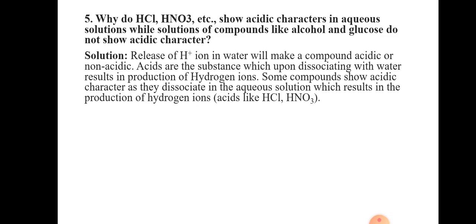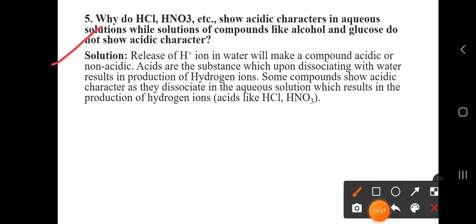Just think about this question. Alcohol and glucose cannot release their H+ ions, whereas HCl and HNO3 have H+ ions. So the release of H+ ions in water makes a compound acidic or non-acidic.